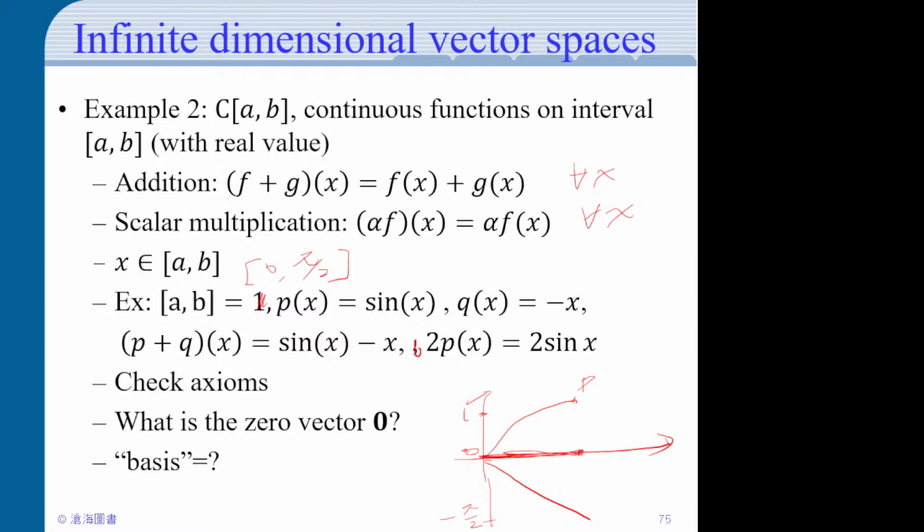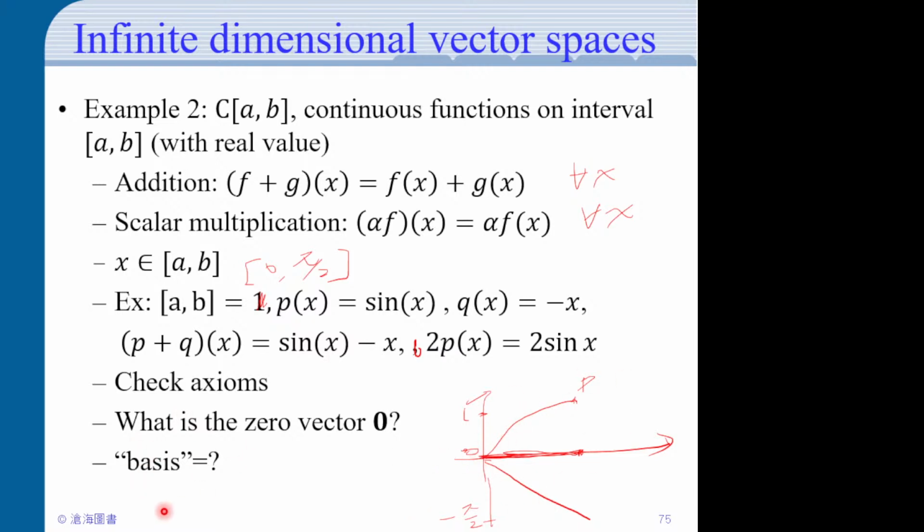And now I see the basis is really weird, because how do you find a basis for this? There are really an infinite number of things you can say about these functions, so a basis is hard to find.